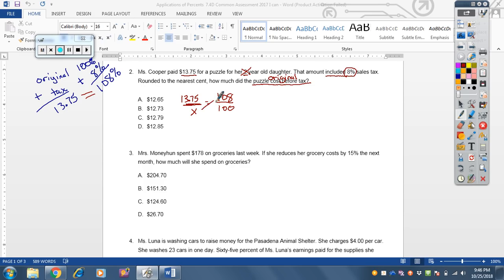So you're going to multiply 108 times X, which is 108X. And then you're going to multiply $13.75 times 100. Multiplying by 100, we just move the decimal twice.